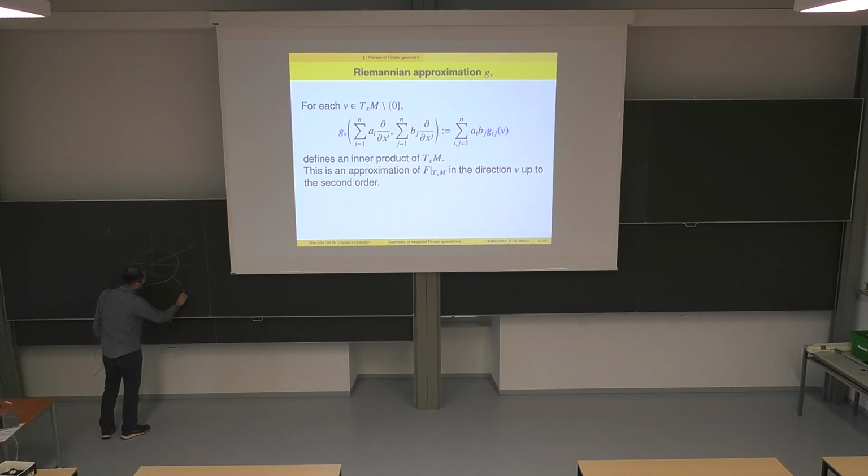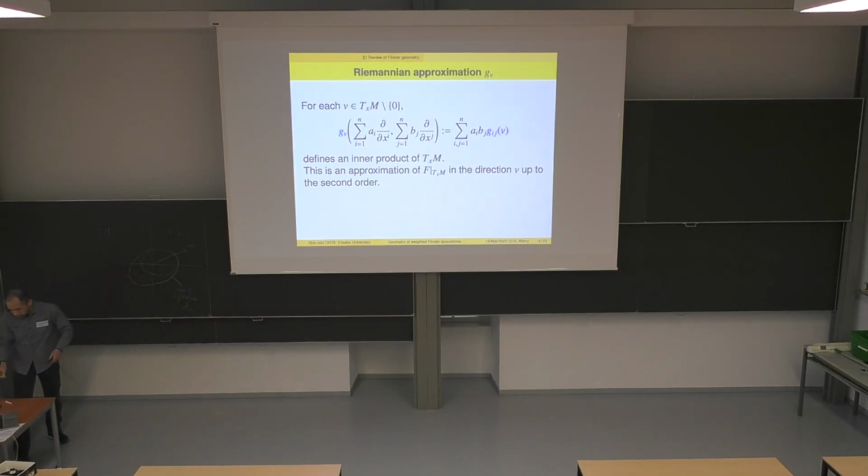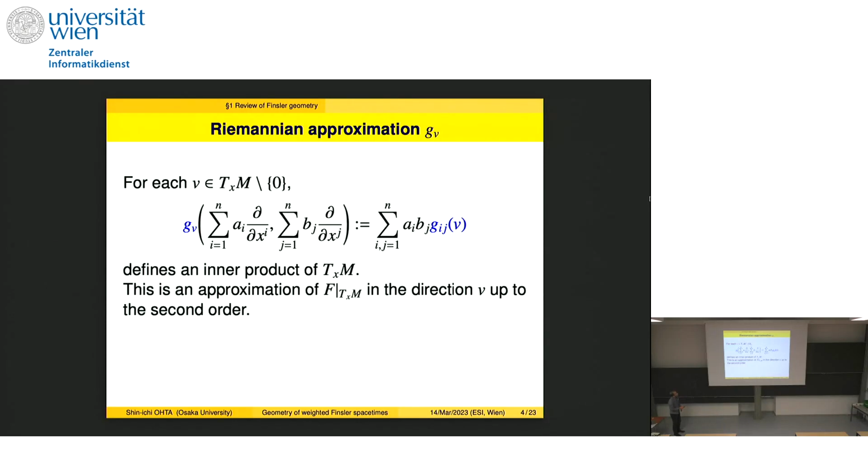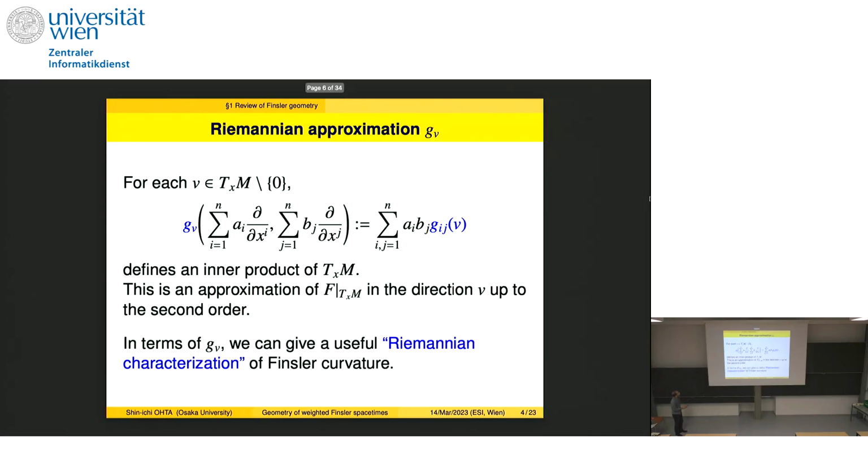This is a Riemannian structure, and this is actually very useful to study, especially, the curvature of the Finsler case. So this is the definition of g_v.